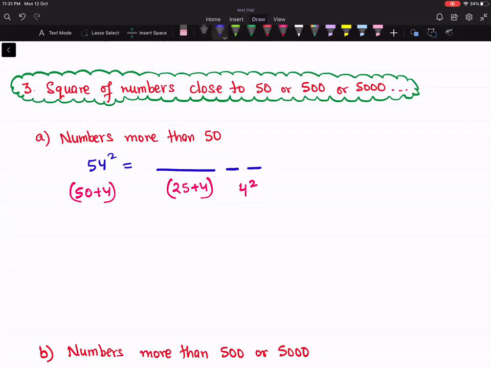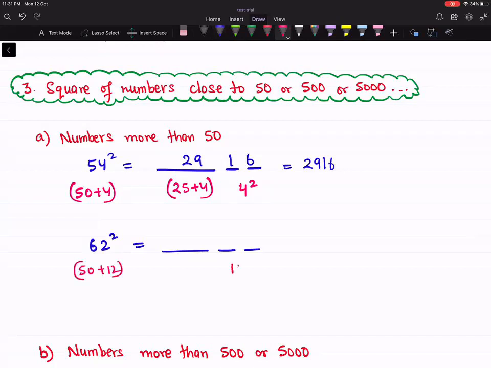So this answer is 2916. Right? If we take one more number here, let's say I'm interested in 62 square. Again 62 square in two parts. One is leftmost and then the right two digits. 62 I'm writing down as 50 plus 12.